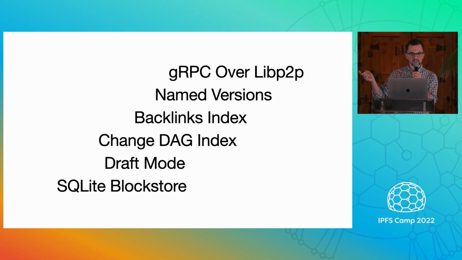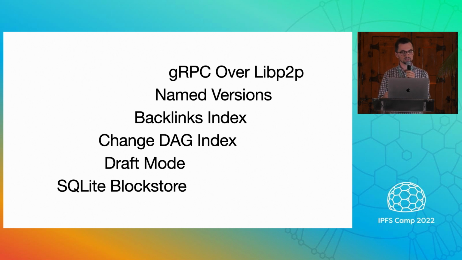We index IPLD links between changes in a separate index. So doing recursive SQL queries, we can query the ancestry relationship between those changes, so we can know whether one change is an ancestor of another one. We have an index for backlinks, so the thing that was shown on the video where you link something and then you can see in the other document that it was linked.